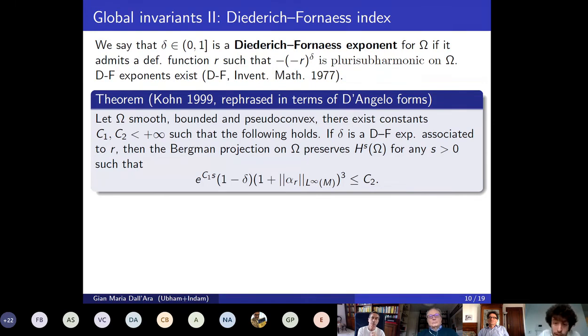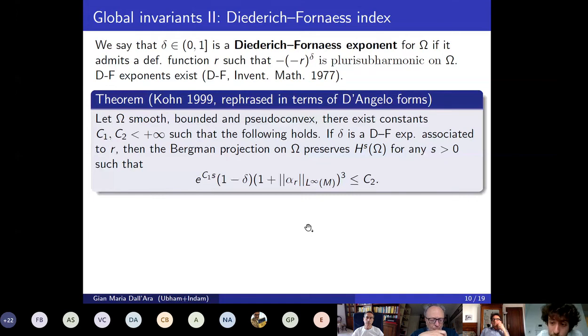One reason why this is really interesting for us is the following deep theorem of Kohn from 1999. This is a rephrasing of the theorem in terms of D'Angelo forms, but it's really just recognizing that some object in the statement is a D'Angelo form. So let me spell it out for you. We have a smooth bounded pseudoconvex domain as always, and the theorem says that there are constants C1 and C2 such that the following holds.